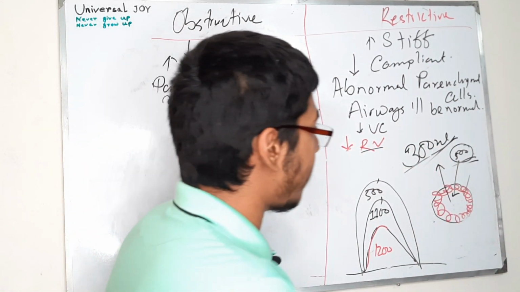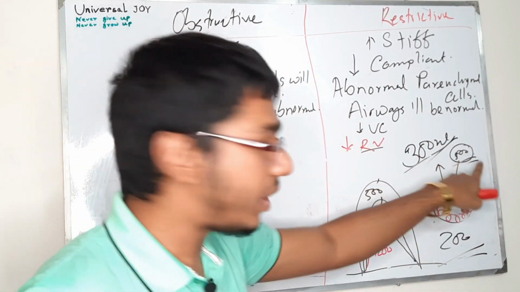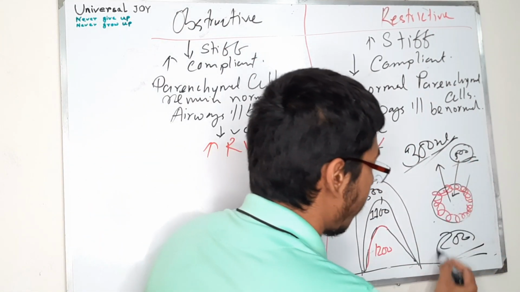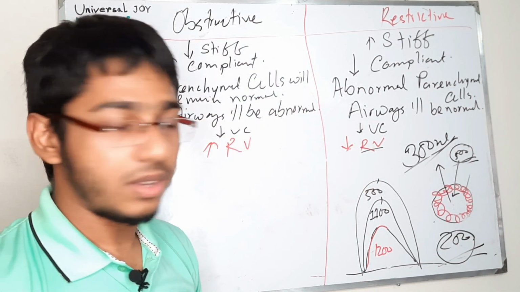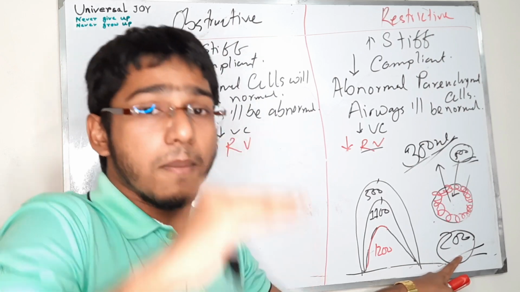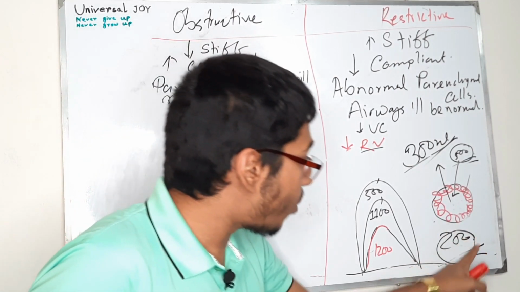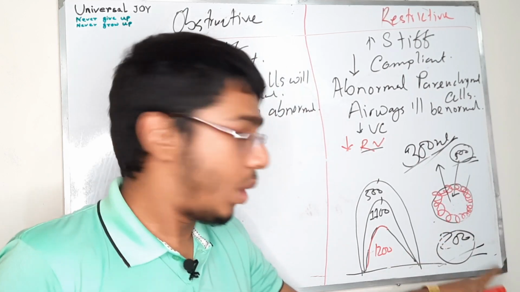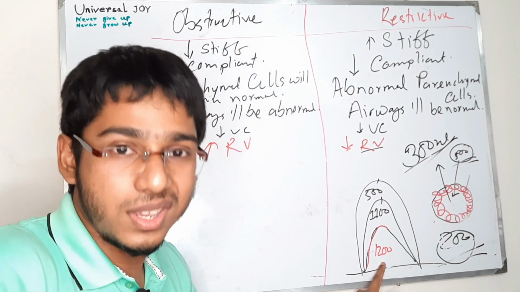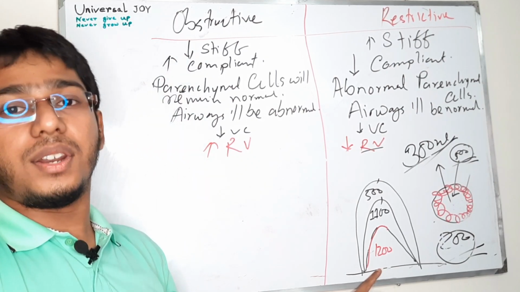Now you can see there is an imbalance of 200 ml, because if you subtract 300 ml from 500 ml, it is approximately 200 ml. So 200 ml of air is being deposited in your lung, and these 200 ml will be added to the residual volume, because residual volume is that volume of air which cannot be excreted out of your lung.